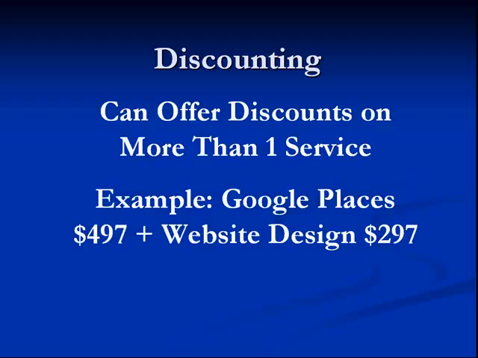Maybe you could say, normally we charge $497 for a website, but because you're taking the Google Places service, we will only charge you $297 for that. Then you could package it up, $497 plus $297, and the ongoing monthly would be $197 plus the $25 hosting, which can't be avoided. So hope that makes sense.